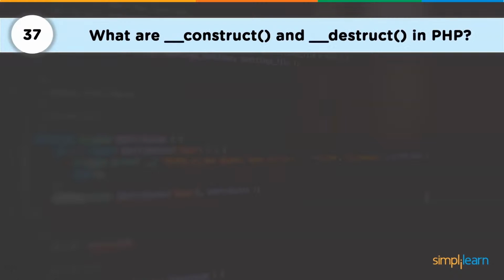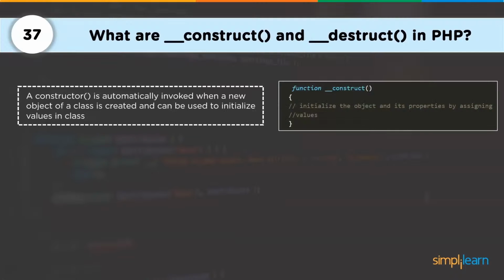Moving on, what are construct function and destruct function in PHP? A constructor or construct function is automatically invoked when a new object of a class is created and can be used to initialize values in the class. So when you create an object for a class, a constructor function is automatically invoked.